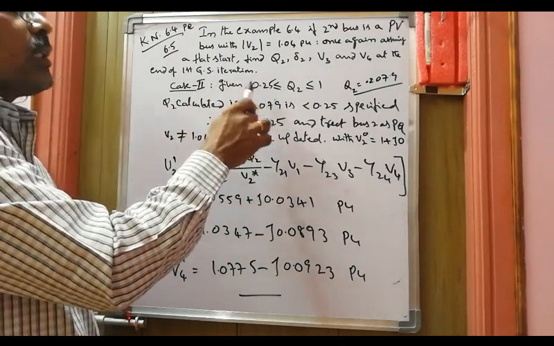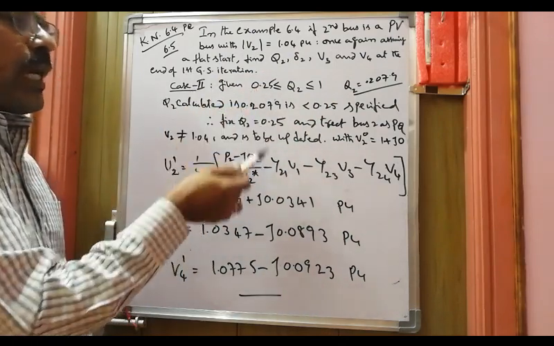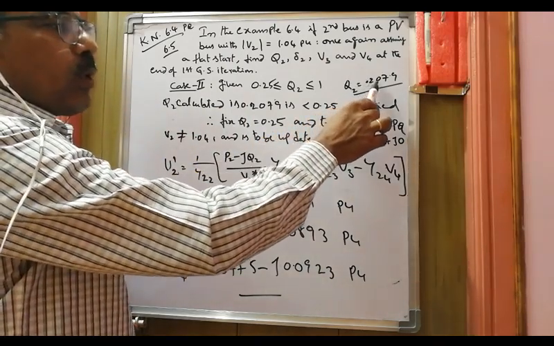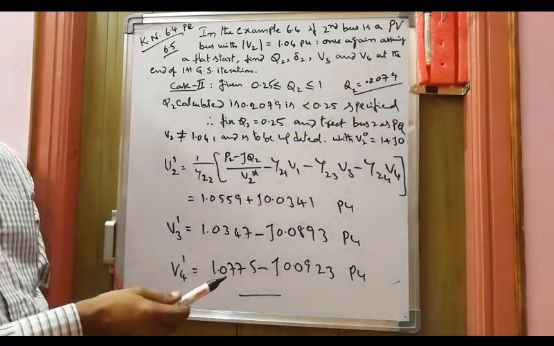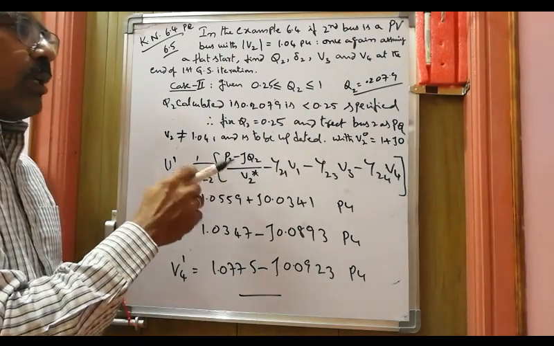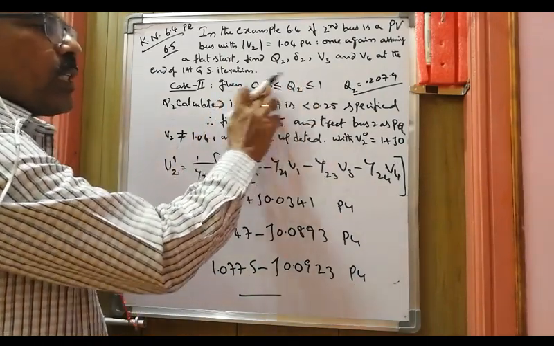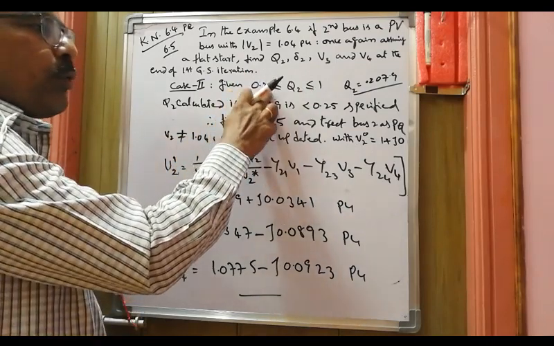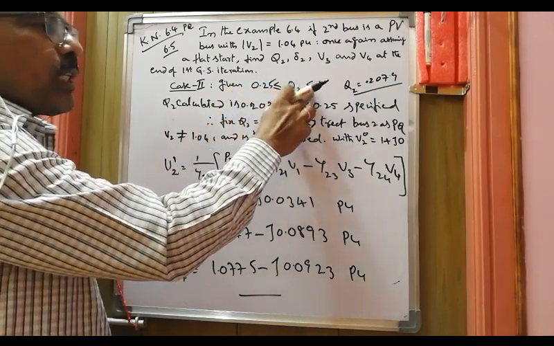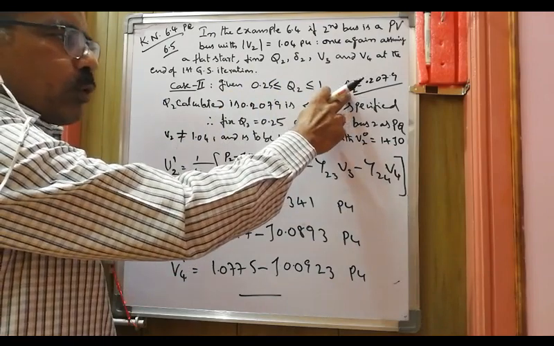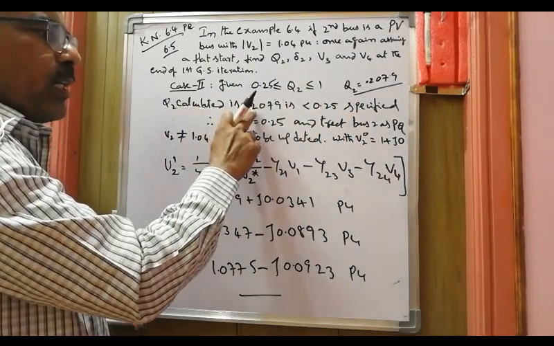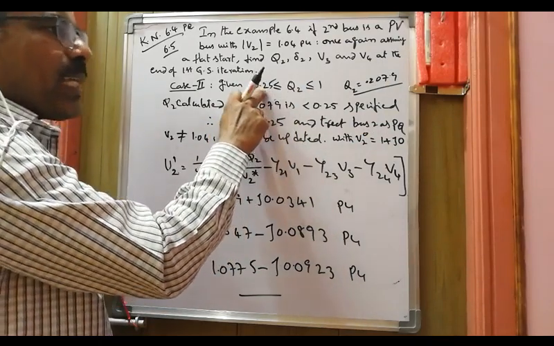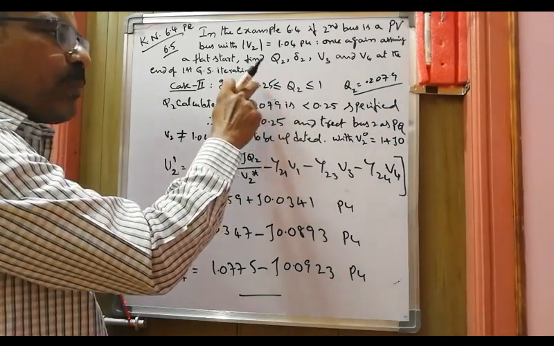Now in this case, as usual you will be calculating Q2. What is Q2 obtained? Q2 is 0.2079 you got, and that is to be compared with the specifications given, the constraints given: 0.25 less than or equal to Q2 less than or equal to 1. But the Q2 calculated is 0.2079, which is less than the specified minimum.